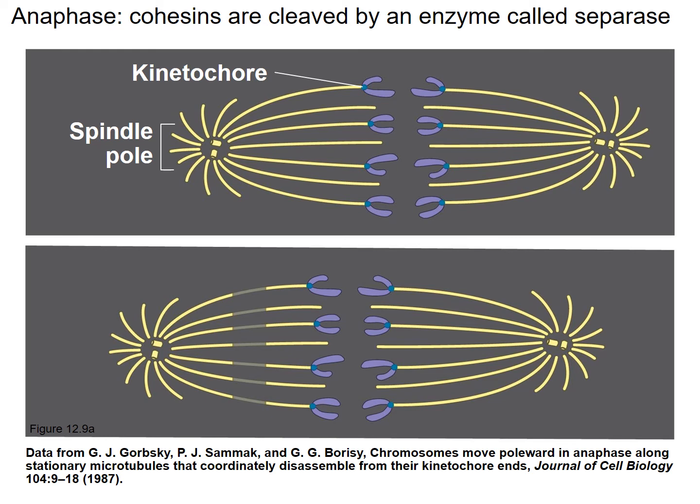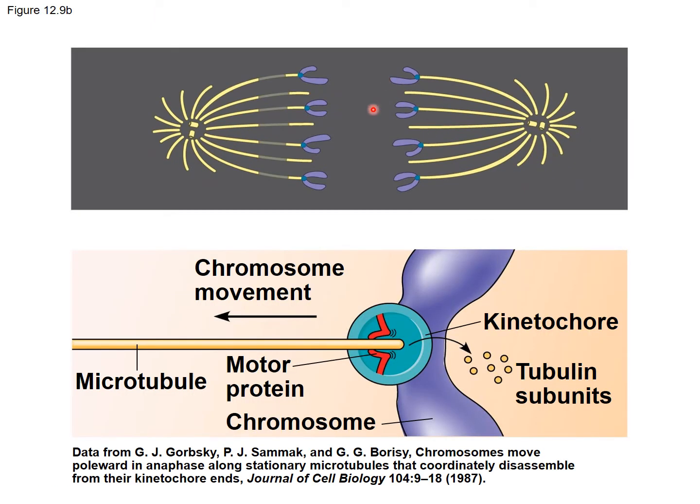So let's look at it closer. So looking at this, we can see this is the process of anaphase. What's actually happening at the kinetochore is the following. So here we have the sister chromatid. And then we have the kinetochore, we have proteins here. Part of those proteins involve a motor protein. Remember, motor proteins kind of walk along the microtubules. Well, this motor protein is walking this way. You can see where it says chromosome movement.